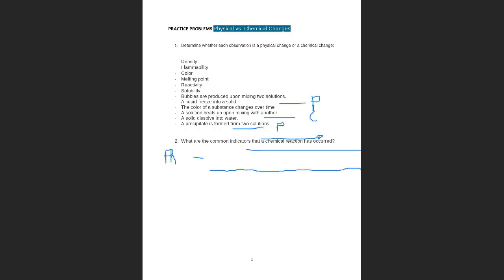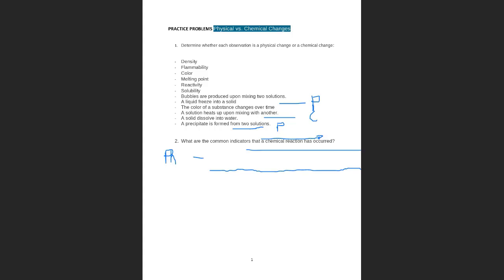A color of a substance changes over time. It's a change, and the color changes. So you have a substance that is chemical, exactly, like the iron. I leave it outside and then the color changes.